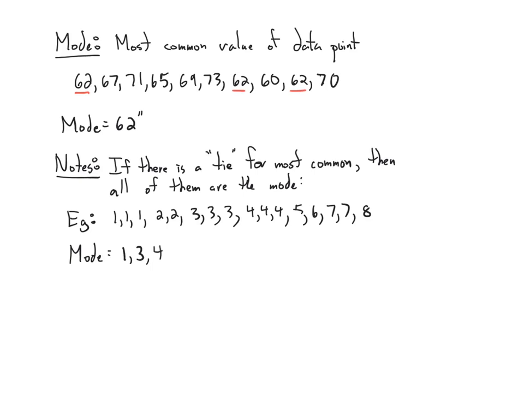I guess I should say one more note. So we'll call this note 1. Note 2 will be the following. If no value is repeated, the data has no mode.